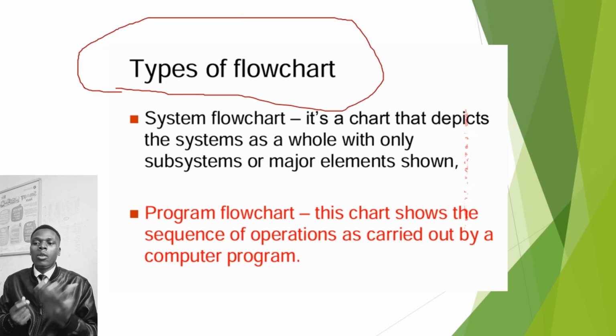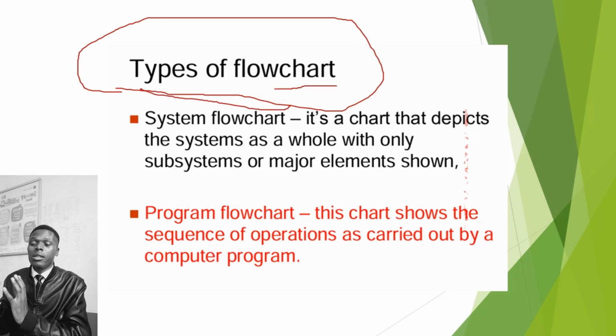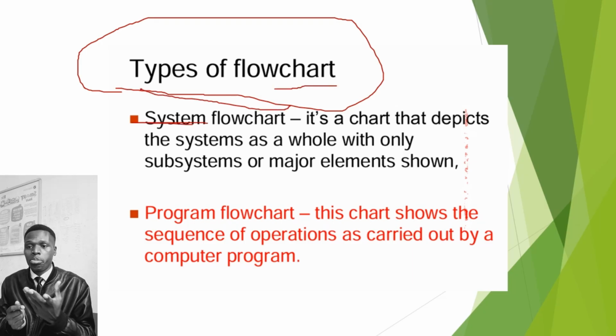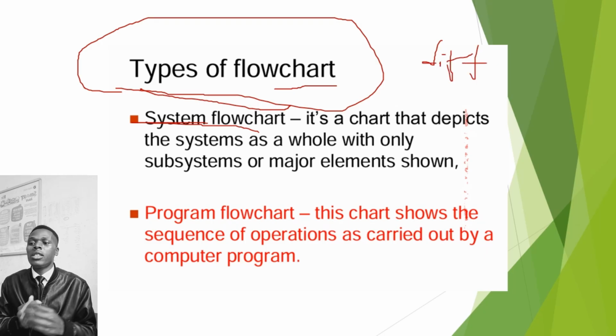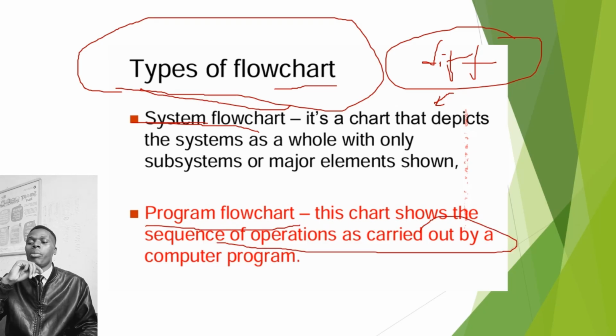We also have their symbols for drawing system flowcharts. It depicts the system as a whole with only subsystems or major elements shown. And the program flowchart, which we have done, shows the sequence of operations as carried out by a computer program.